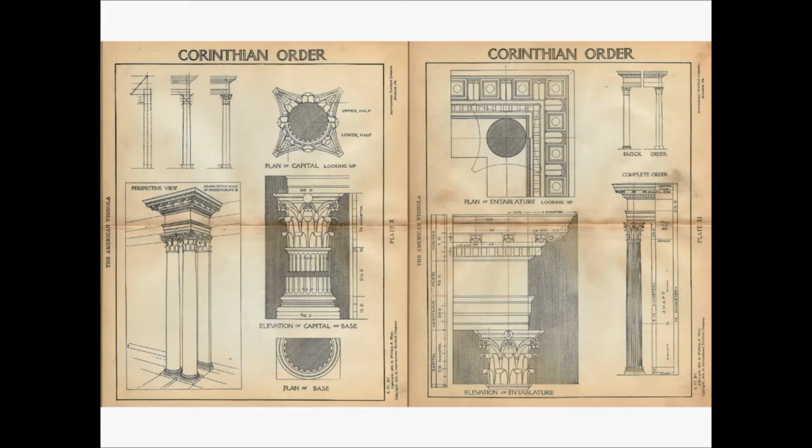These acanthus leaves are applied to that bell-shaped capital, as well as to, in some instances, the sides of the modillions themselves. These are kind of those 3 main overarching characteristics of the Corinthian order, according to William Ware. So with that, we're going to draw this entire order in a simplistic version, which we call the block order. So let's get started.